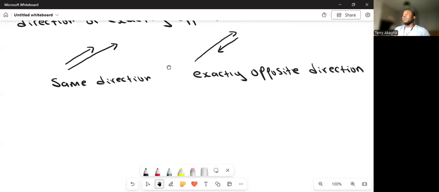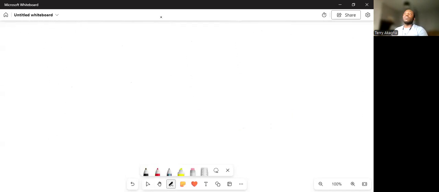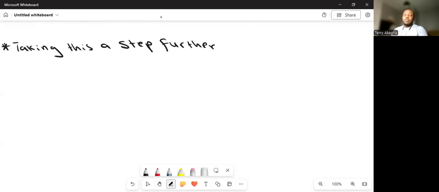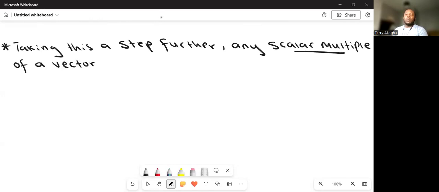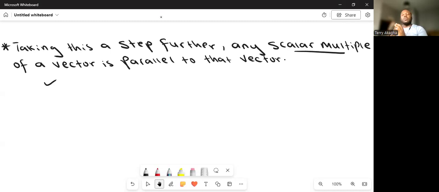All right, we can take this a step further and talk about the multiples. Any scalar multiple of a vector is parallel to that vector.